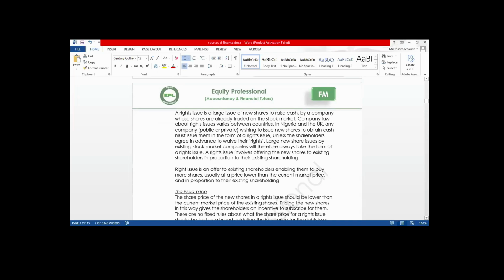Rights issue is an offer to existing shareholders, enabling them to buy more shares in the company, usually at a price lower than the current market price, and in proportion to their existing shareholdings.